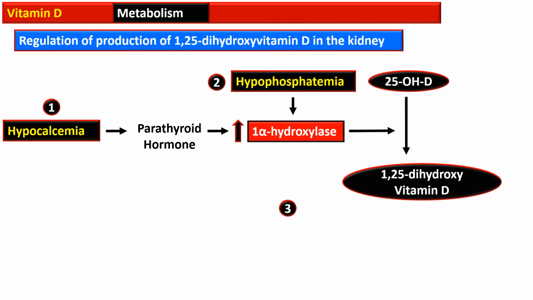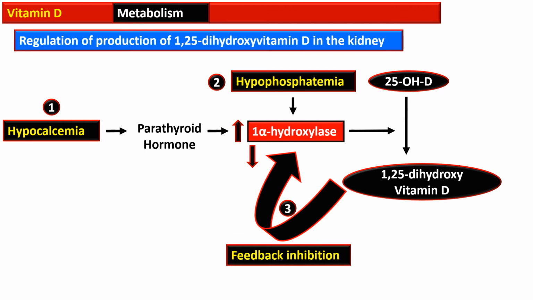Hypophosphatemia increases the alpha-1 hydroxylase activity, and this then regulates the conversion. When there is enough formation of 1,25 hydroxy vitamin D, this inhibits the activity of alpha-1 hydroxylase. So this alpha-1 hydroxylase is decreased. This is the feedback inhibition of this conversion.